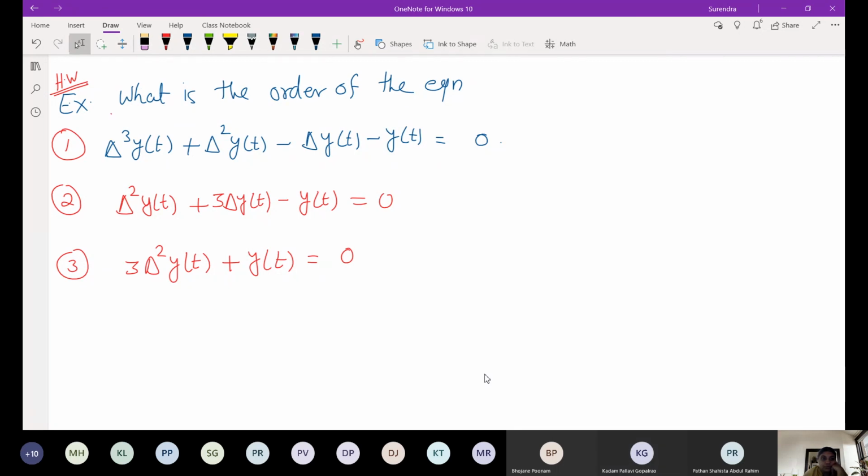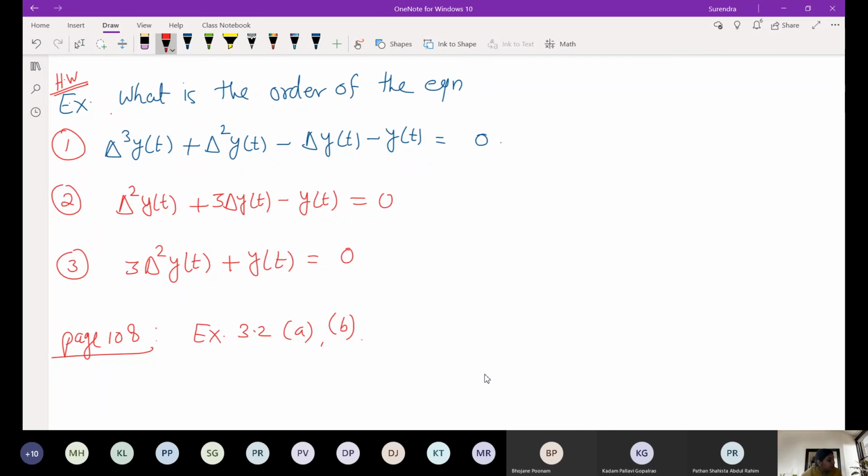So this is today's homework. Also, page 108, Exercise 3.2, A and B. There are two problems.